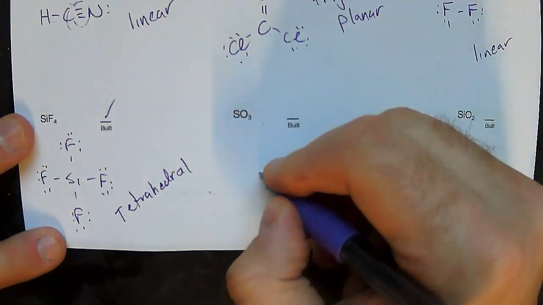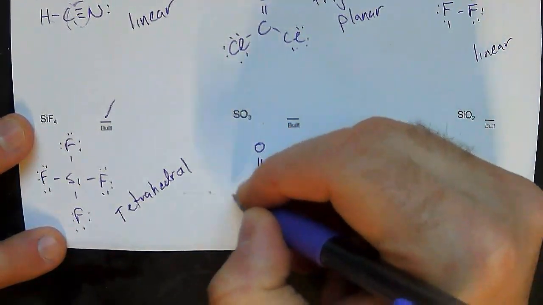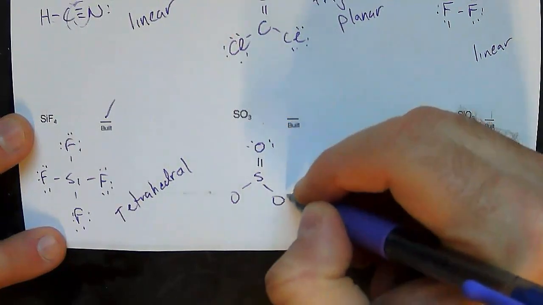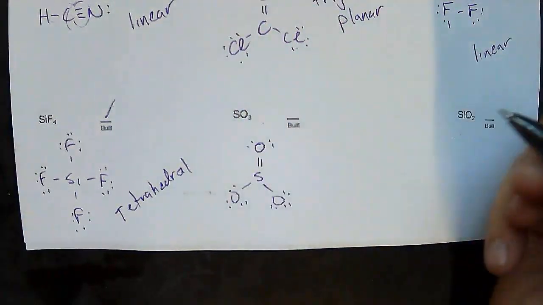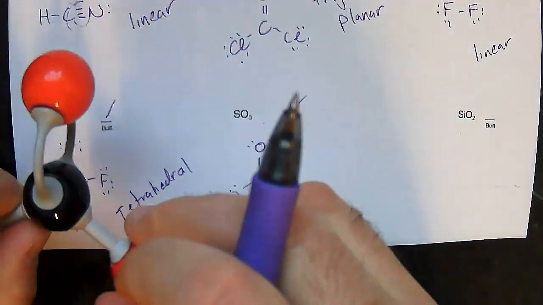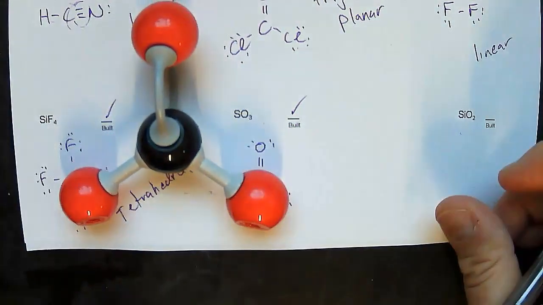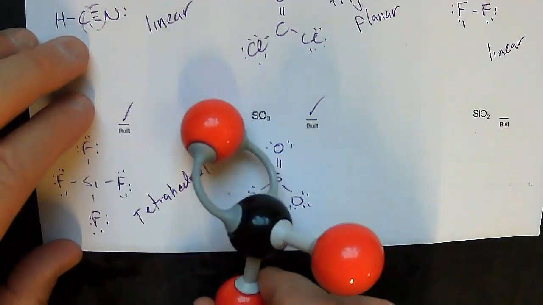SO3. S goes in the middle. We put an O, put the extra electrons around it. And again, the reason why I can do this so quickly is that I've been doing this for a long time. So I built this. That's what this looks like. And again, this has 3 places where there's electrons. You can see the double bond here.